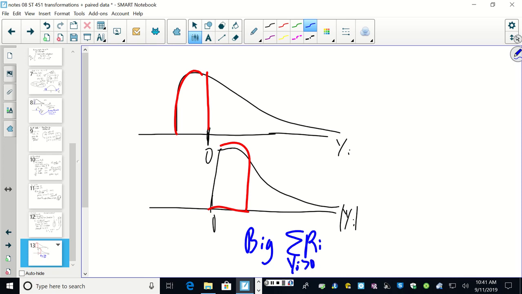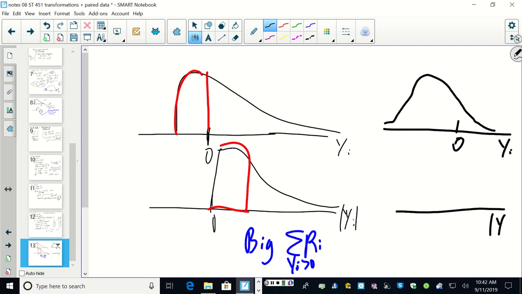But if it went the other way, if you had 0 here, you had a little tail, and then more over this way. Here are the yi's. If you take the absolute values, it's going to switch the other way. So here's 0, here's the positive side, but then this negative part over here, when it flips around, is this big thing over here.